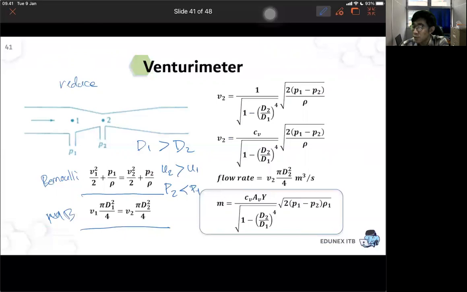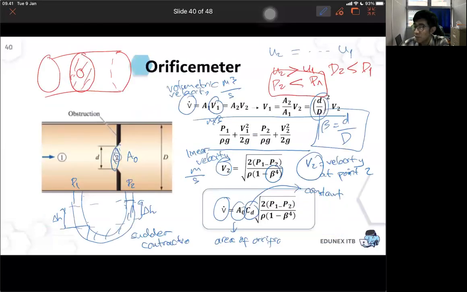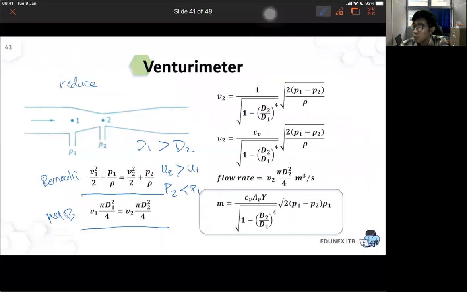So this one basically you will have the same equation as this one, right? From this one, V2 is this one, P1 minus P2, blah blah blah. If you put this to the right side, it should be the same. You can check it later.